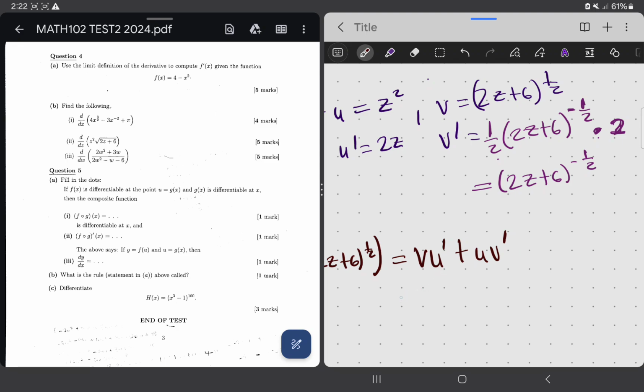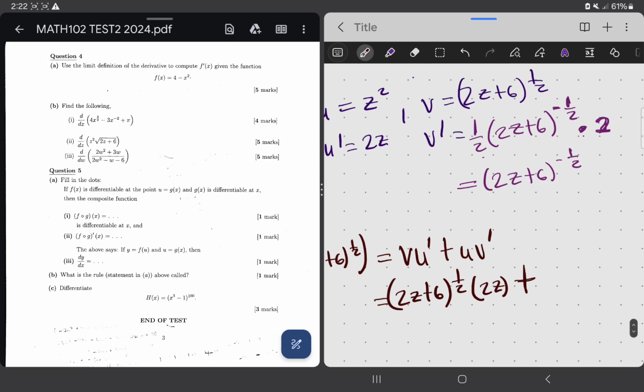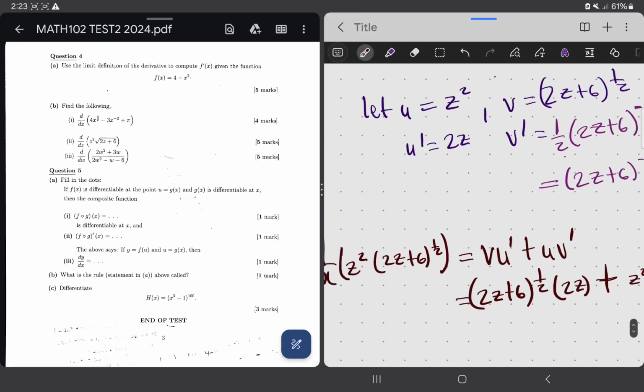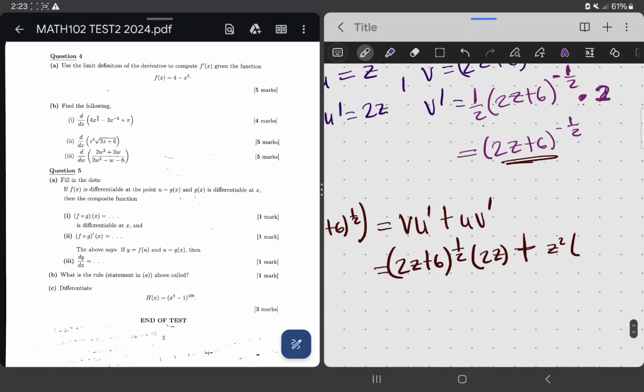So what is the second now? It is just 2z plus 6 to the power of half. We multiply by the derivative of the first, which is 2z. Then we add u. What is u? The first, which is z squared, and it's multiplying the derivative of the second, which is 2z plus 6 to the power of negative half.